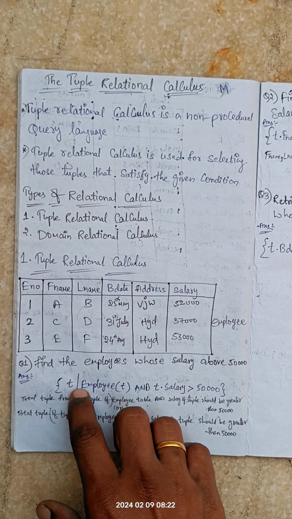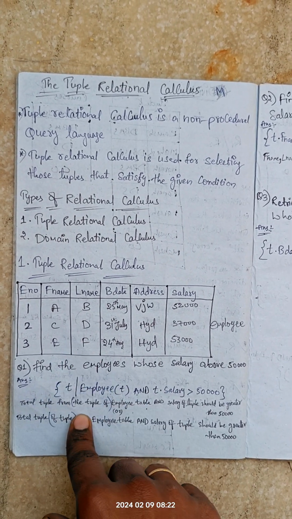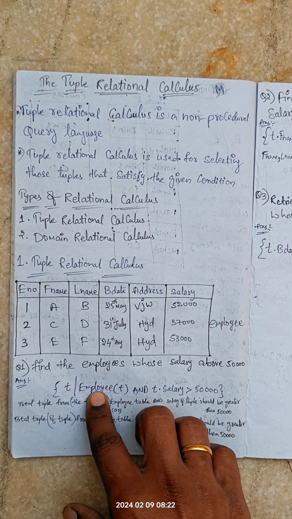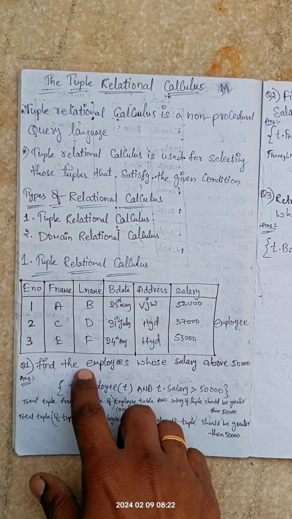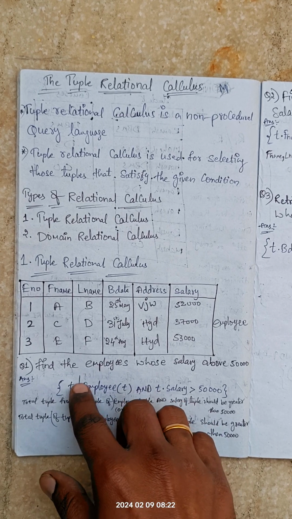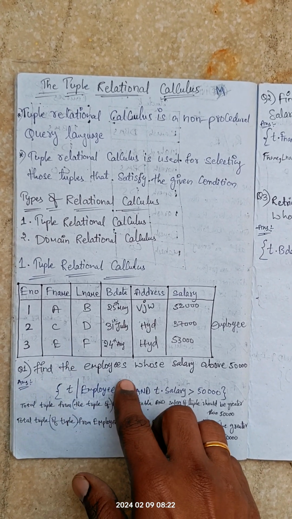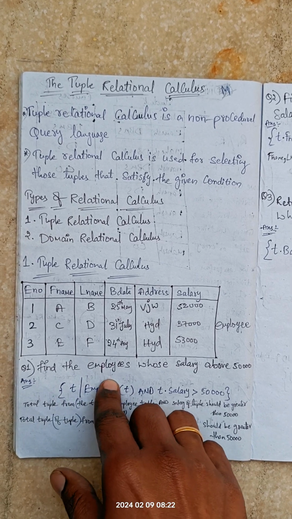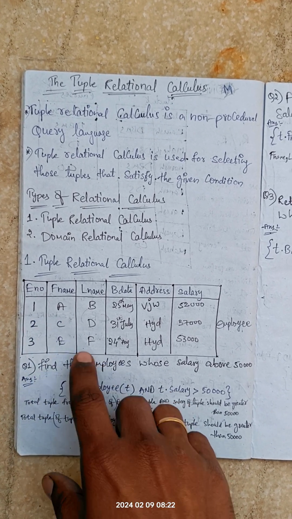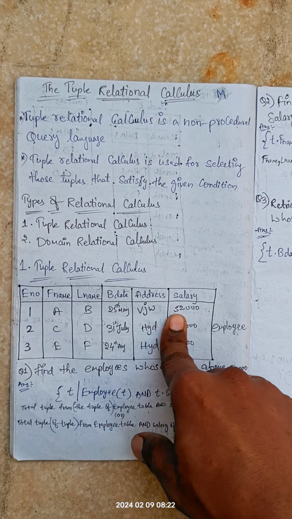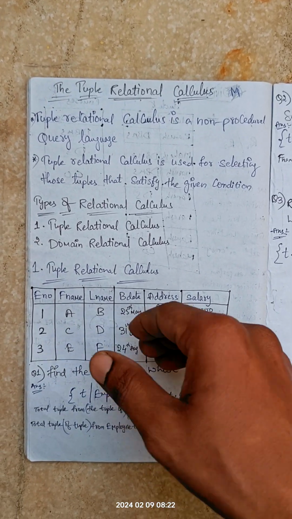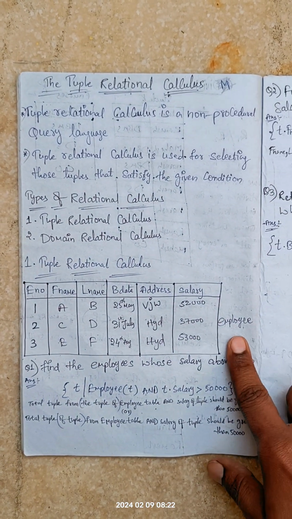So here, T: tuple such that tuple of employee table. You see, we want tuple of employee table or not, because the company maintains so many tables, not only the employee table.